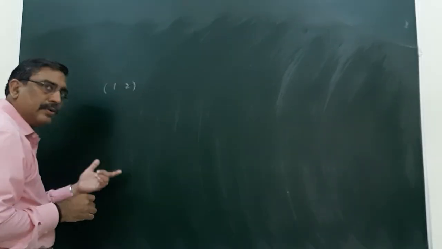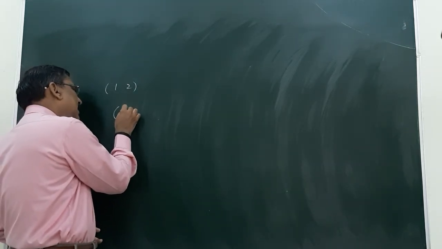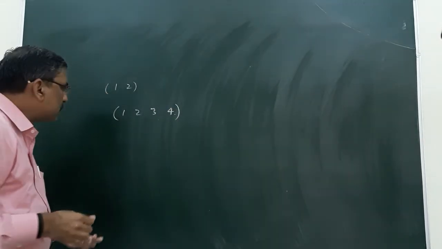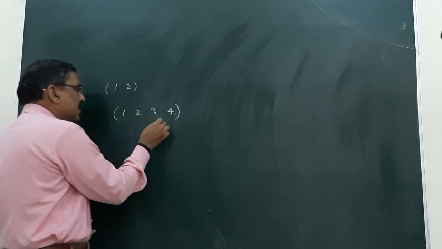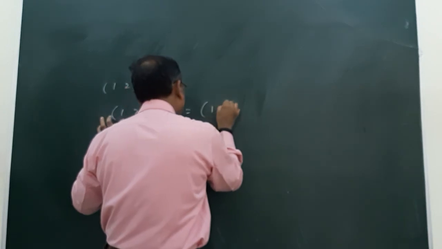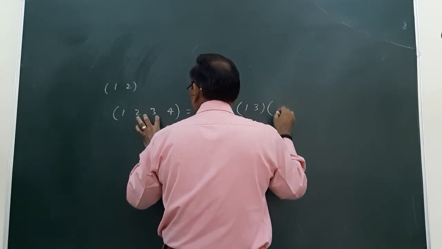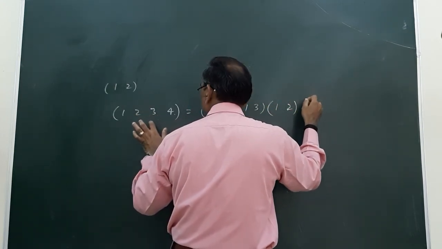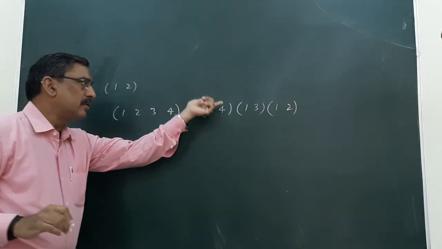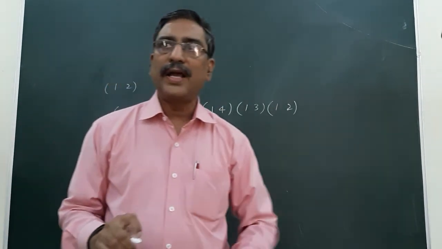It is a cycle of length 2, known as a transposition, and any cycle, let's say (1 2 3 4), is a simple cycle. So this cycle can be broken into transpositions as (1 4)(1 3)(1 2), and transpositions are nothing but cycles of length 2.